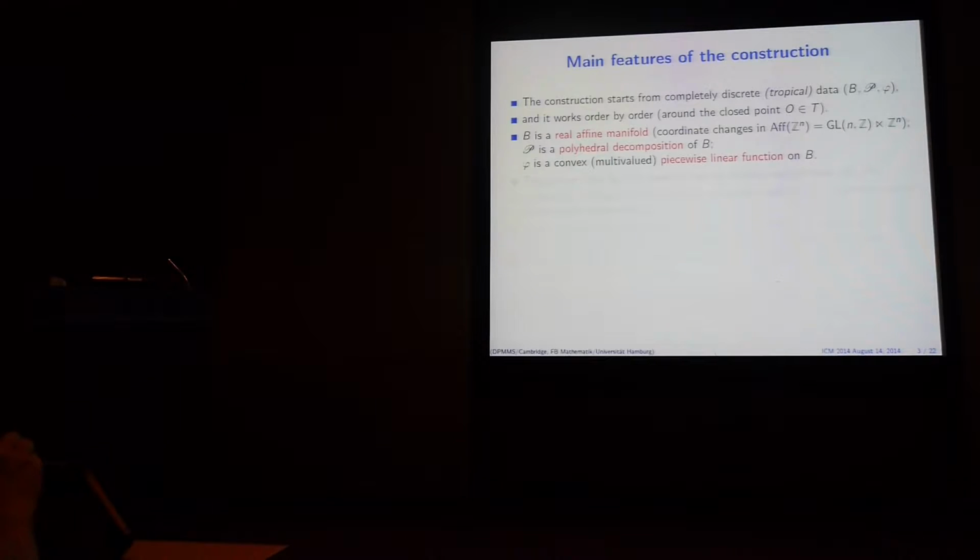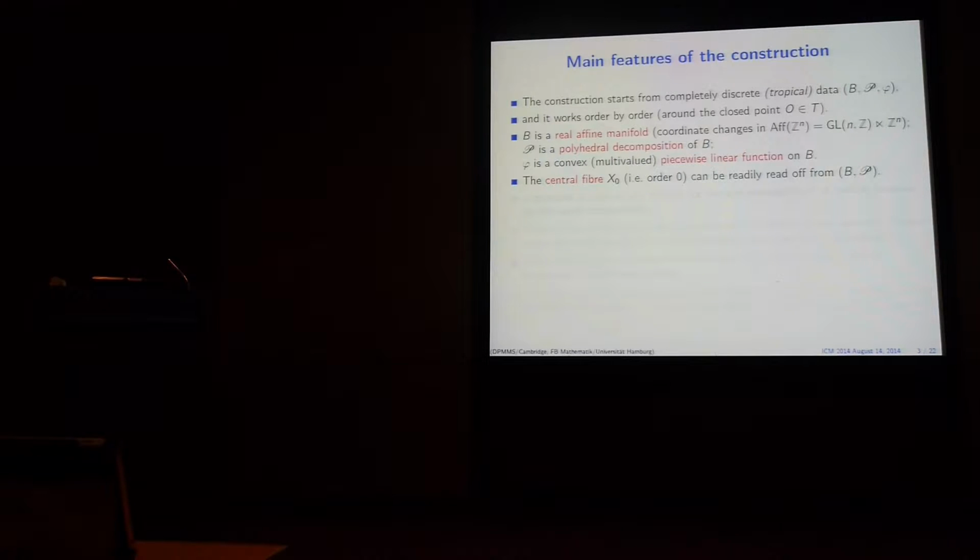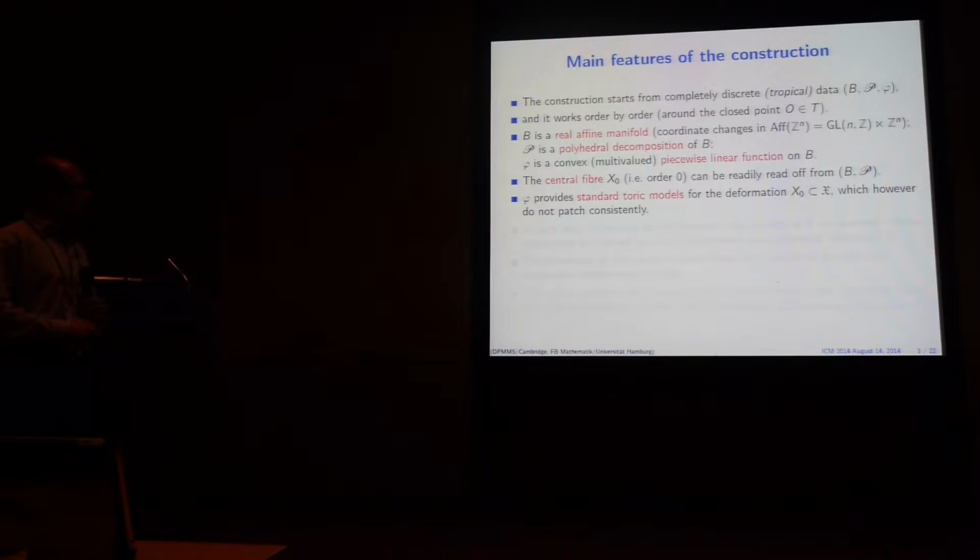And then it works order by order around the closed point. So in particular, the central fiber, at t equals 0, modding out t, can be readily read off from this B and P, this polyhedral decomposition, essentially just by thinking of each polytope as the moment polytope of a toric variety, and then you patch together just as the picture suggests. And the phi provides standard toric models for this deformation.